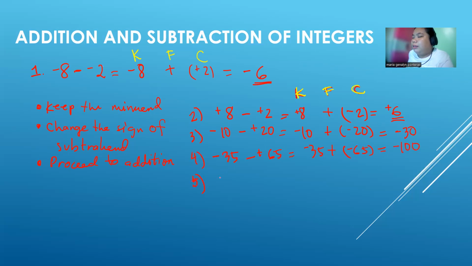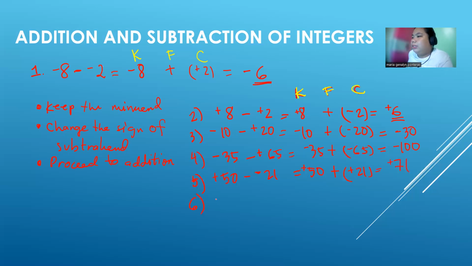Lakihan pa natin. Positive 15 minus negative 21. So keep the minuend, flip the operation, change the subtrahend. So that is positive 36.